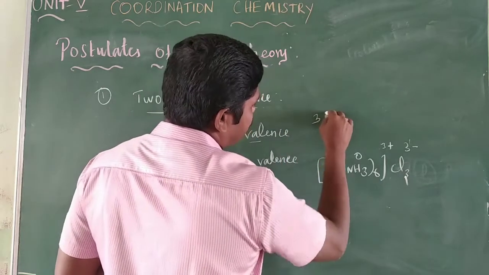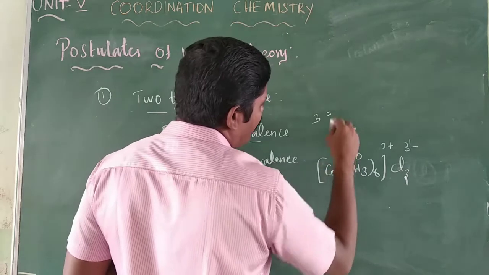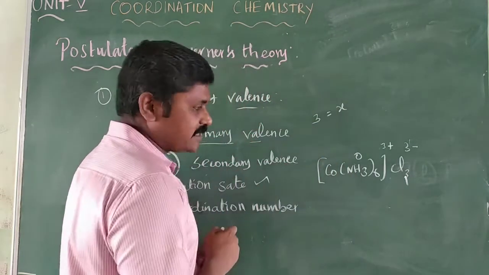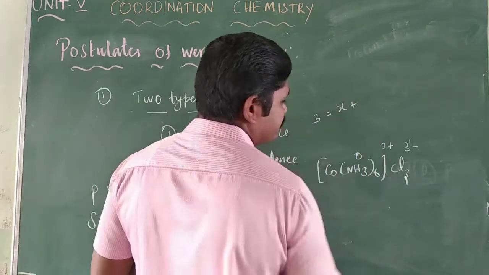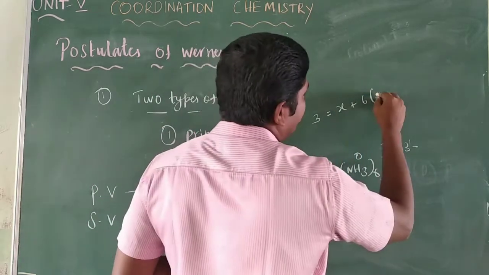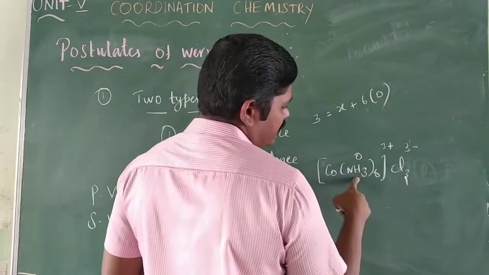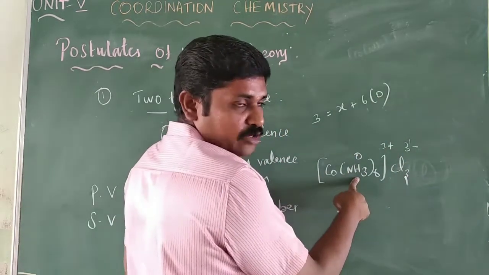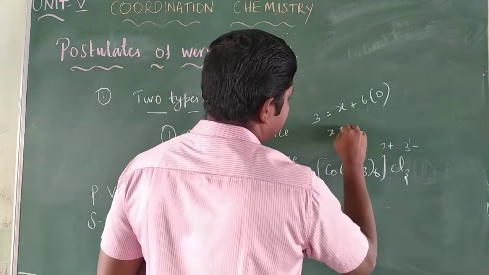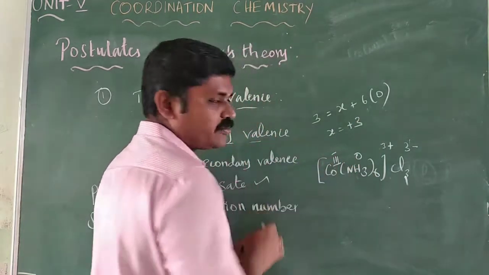The net charge is equal to the oxidation number of the central metal ion, X, plus the number of ligands multiplied by the charge on the ligand. The charge on the ligand is 0, a neutral ligand. So X is equal to plus 3. The oxidation state of the central atom is 3.